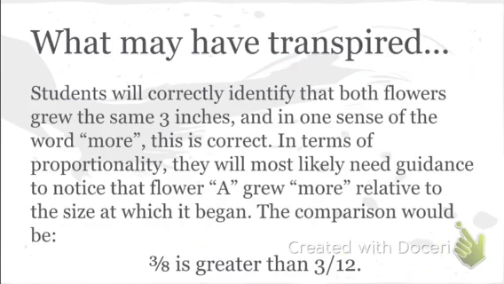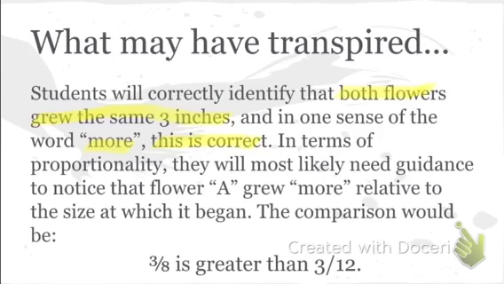Here are some notes for your parent teacher. What may have transpired, and what does transpire quite often, especially when children are just beginning this study, is that students will correctly identify that both flours grew the same 3 inches, and in one sense of the word more, that is correct.